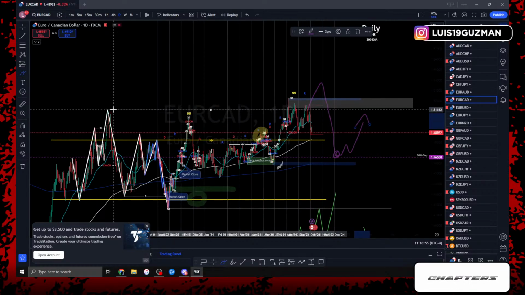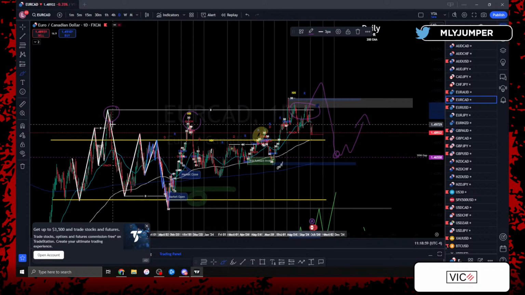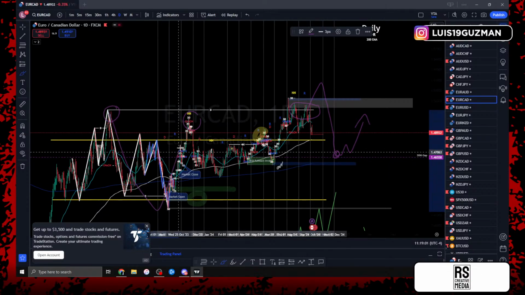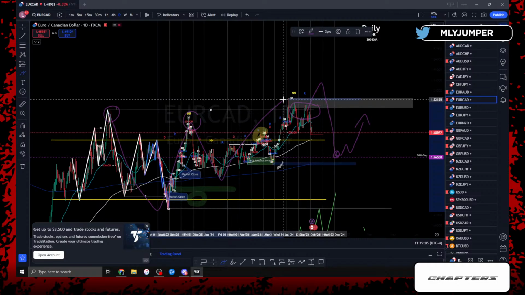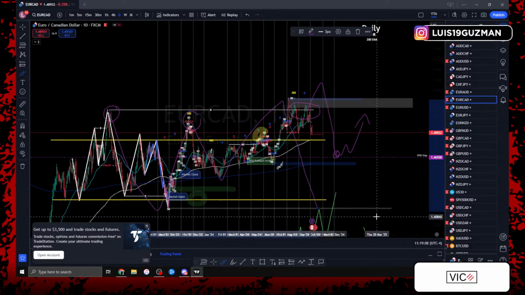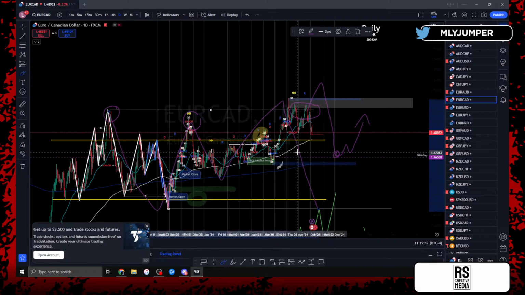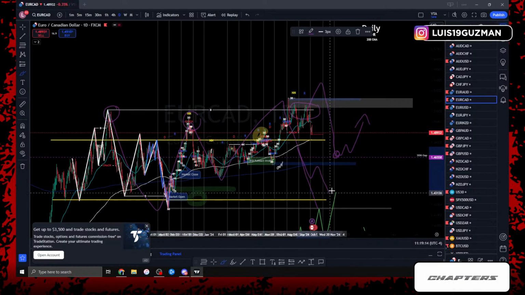Or is price just going to reject the highs and continue down to the low of the zone of consolidation, to do something like this? Right now it looks like price is just going to continue these downtrend pushes back down to the low of the zone of consolidation.